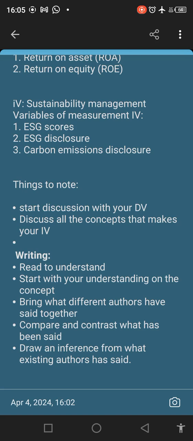The issue of plagiarism is called academic fraud, and it is a very grievous matter when it comes to academia. So whenever you are writing, you must read to understand.